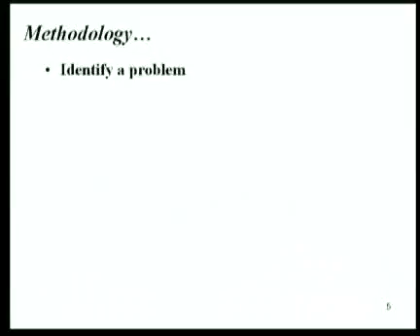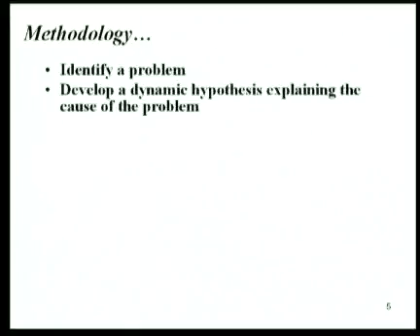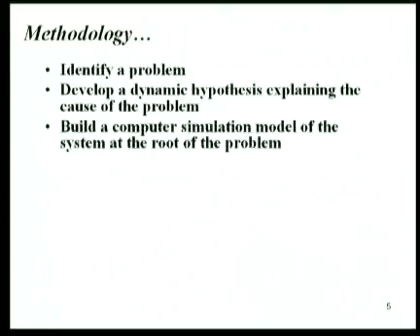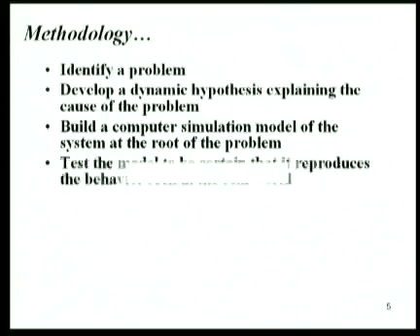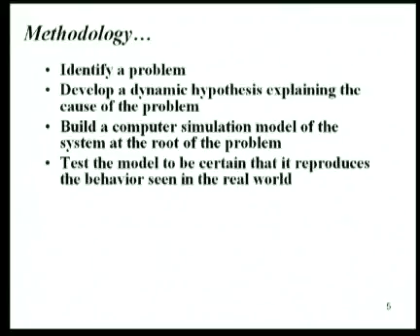So the methodology in system dynamics is much like the methodology of classical systems engineering, with a few little twists to it. First, identify the problem. Then we develop a dynamic hypothesis explaining the cause of the problem. Build a computer simulation model of the system at the root of the problem. Then we would test the model to be certain it produces the behavior in the real world.